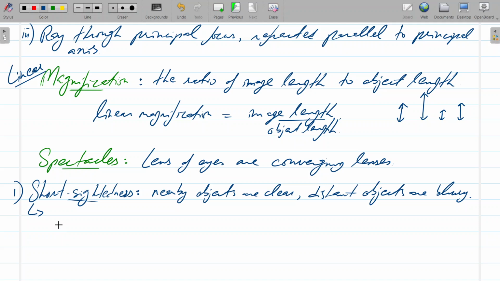The retina is the part of the eye where the image should form.